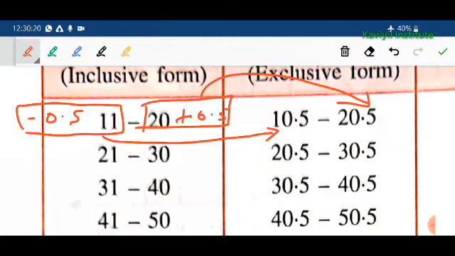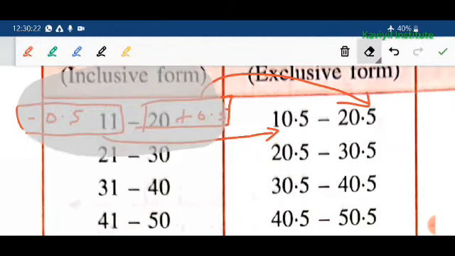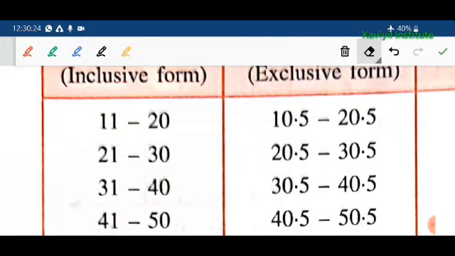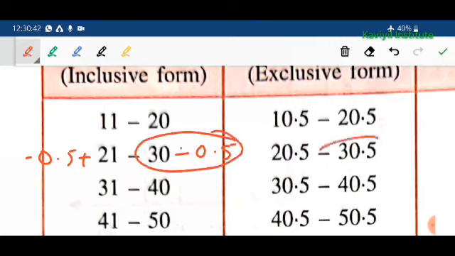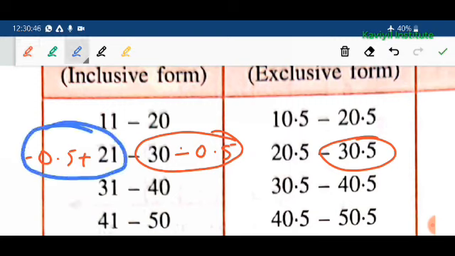Got it? Similarly, in the same manner, 21 minus 0.5 and 30 plus 0.5 gives 20.5 and 30.5.